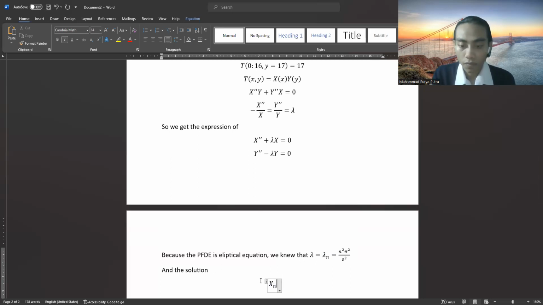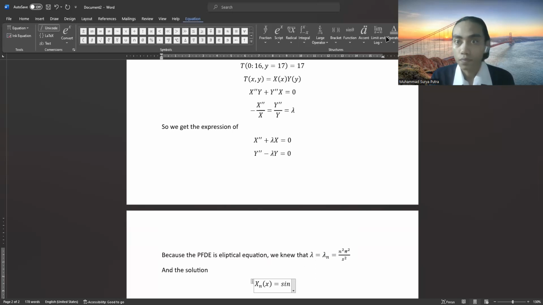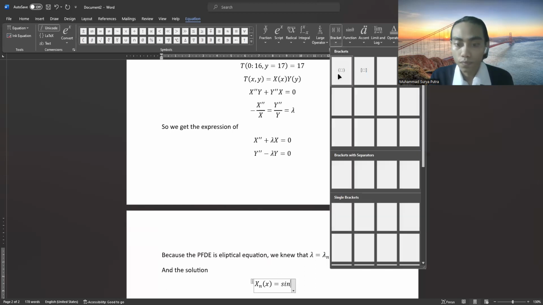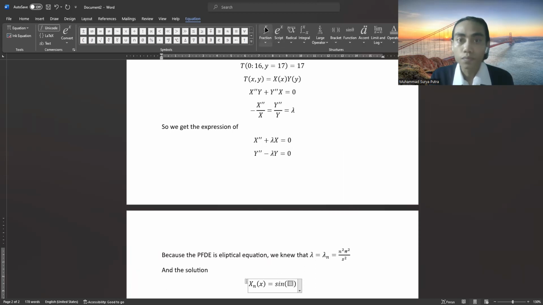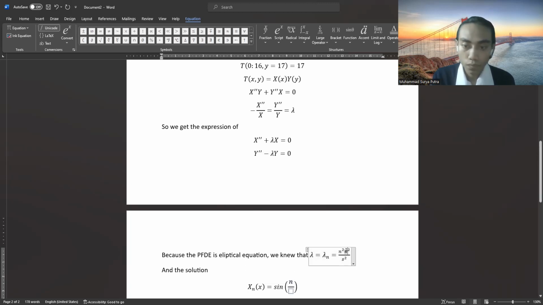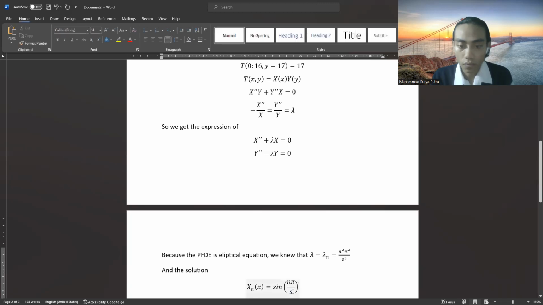we have the x first, the x element. Of course, it's the function of x. It's equal to, and this is the s.